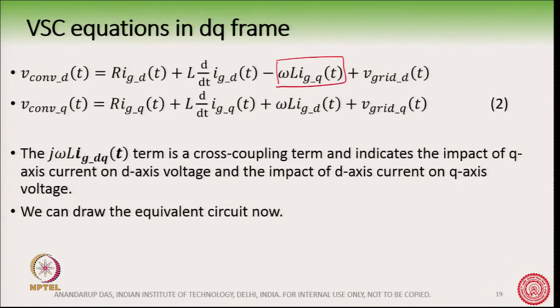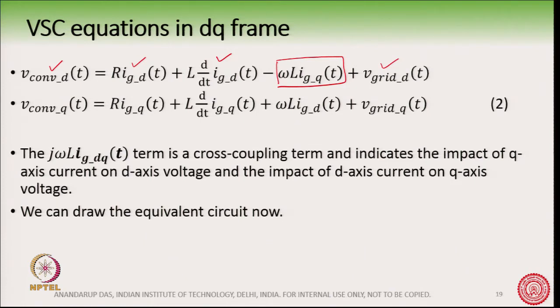otherwise this equation looks very similar and familiar to the alpha beta circuit. D axis voltage is controlling, you see all the d axis terms are there: I_gd is a d axis term, v_grid,d is a d axis term, v_converter,d is also a d axis term.